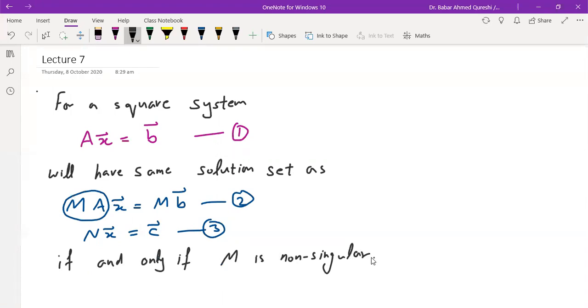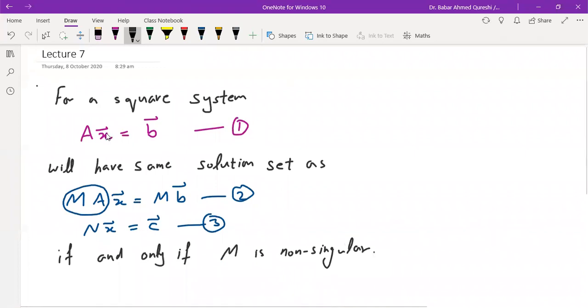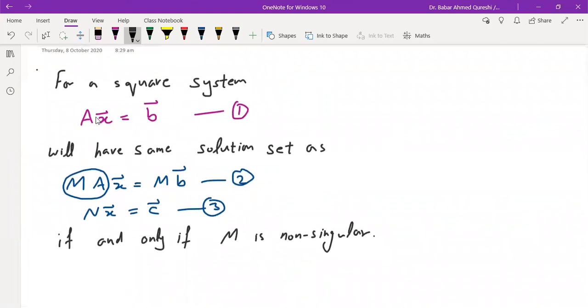So what you have done is you have transformed your system. You have changed your system by multiplying with a matrix. And if that matrix is invertible, non-singular, it has an inverse, then the two systems will have exactly the same solution set.